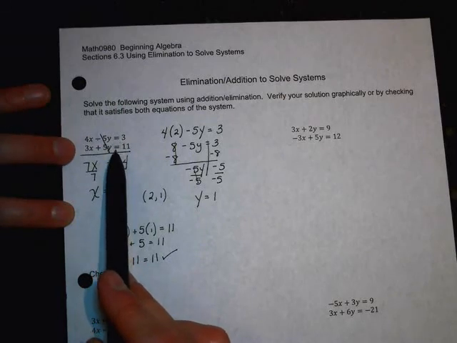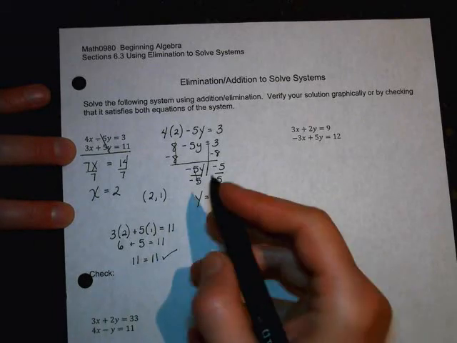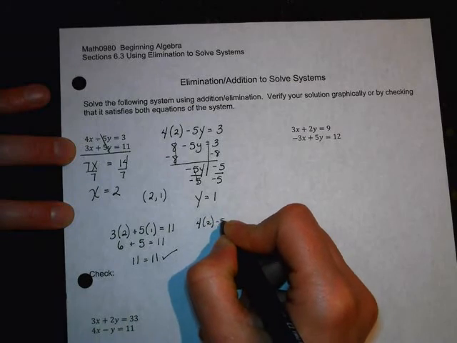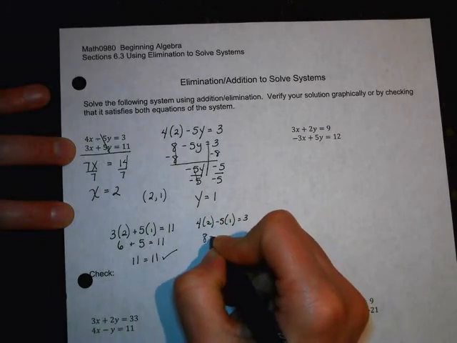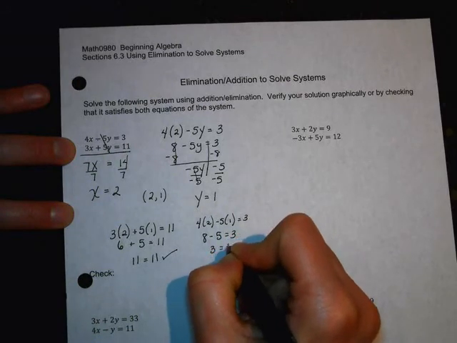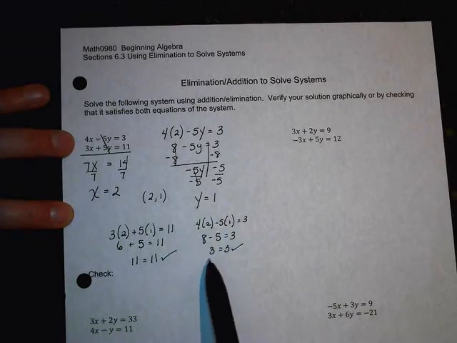I mean, if you want to pop it into both, you could. You could do 4 times 2 minus 5 times 1 equals 3. You could do it that way as well, but I always use one to solve it and then the other one to check it. Okay? So, if you want to pop them into both, you can. That definitely can't hurt.